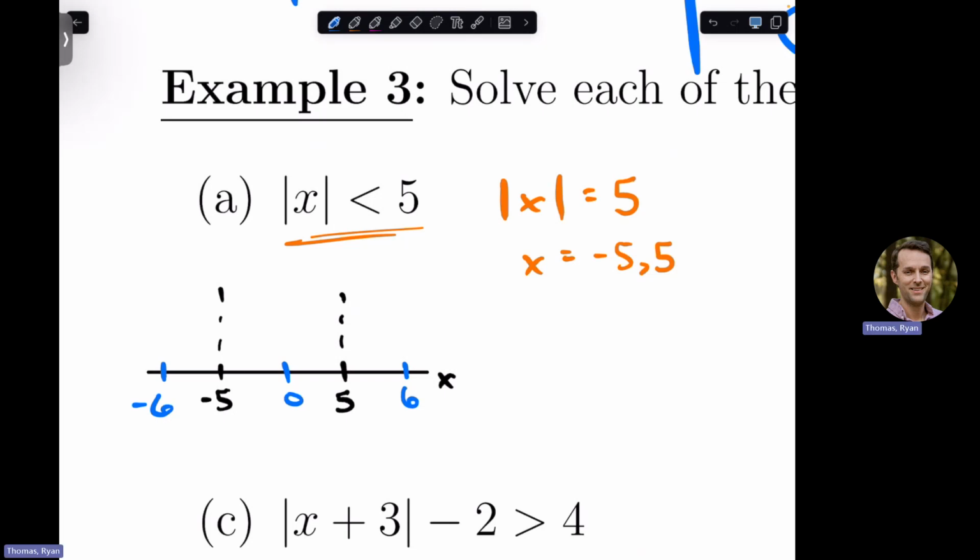So should I include anything from this interval? No, because stuff in that interval is not going to give me a true statement here. It's not going to be smaller than 5. Everything out there is out. If it doesn't work for -6, I solve it at 0.